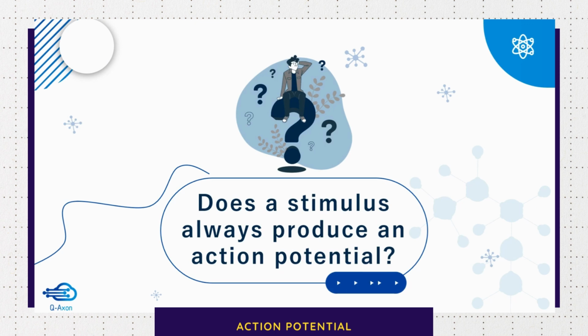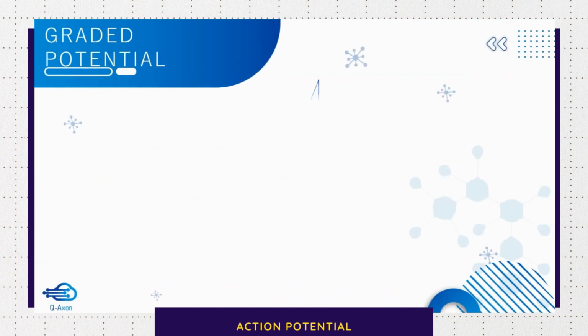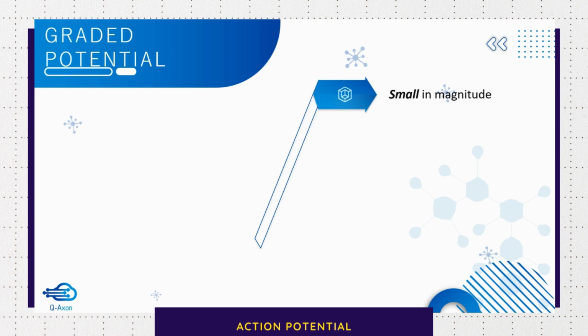So that brings us to the question, does a stimulus always produce an action potential? The answer is no. If the stimulus is not of adequate strength, then what is generated is a very small potential called a graded potential. So how is this different from an action potential? So unlike the action potential, the graded potential is small in magnitude.